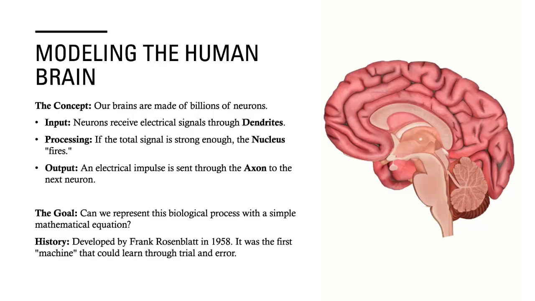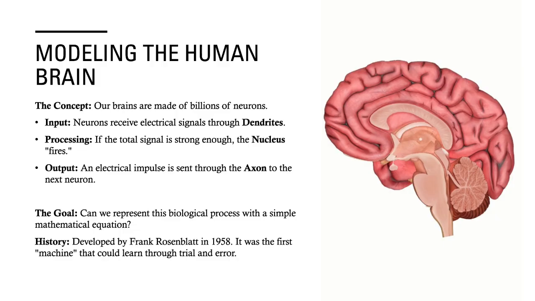So for a very long time, researchers and engineers have been trying to model the human brain, or trying to make a computer similar to a human brain. Well, to go back to a bit of biology, our brain is made up of billions of neurons.